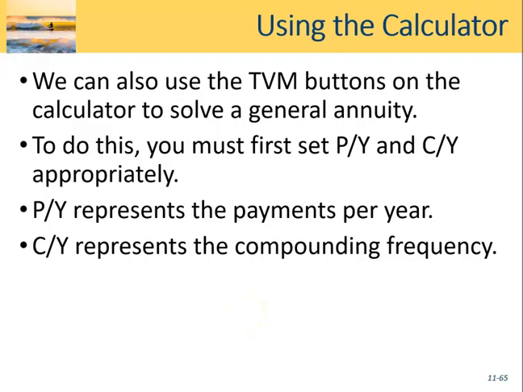So using the time value of money calculator to do the general annuity, what we're going to do is we need to set both the PY and the CY appropriately. So the PY, which we have been setting, and we've been keeping the two of these consistent.